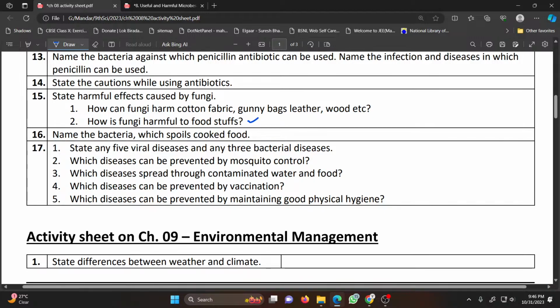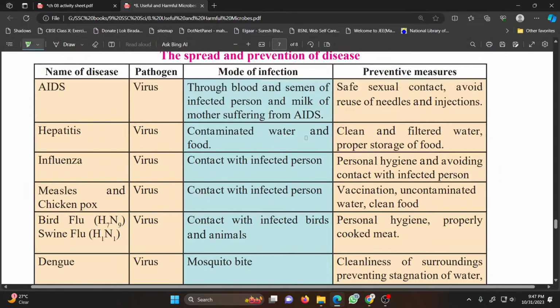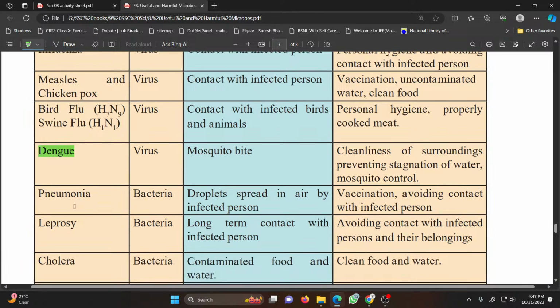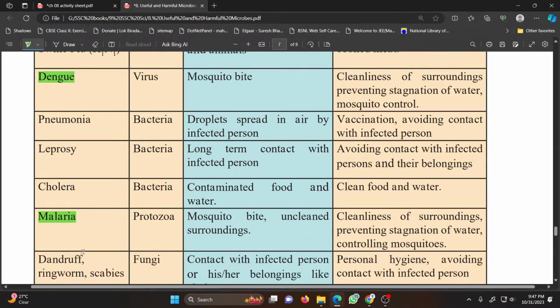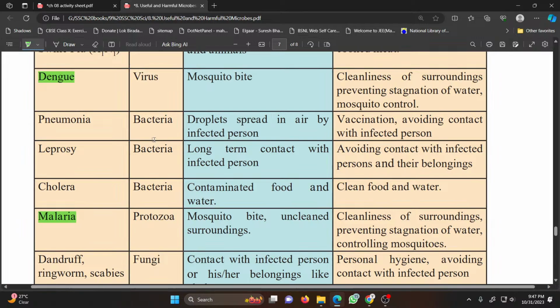Which diseases can be prevented using mosquito control? Diseases like dengue can be controlled using mosquito control. Also, malaria can be prevented by mosquito control. Which diseases spread through contaminated food and water?